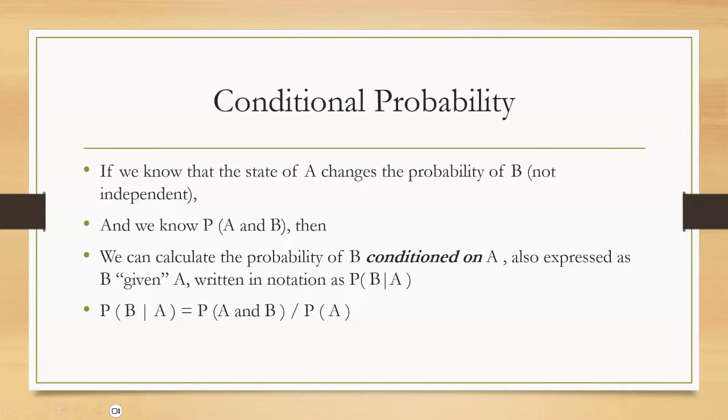If we know the state of A, by that I mean if we know what season of the year we're in, so now I tell you it's winter, and by definition, winter is from December to March, and in winter we get rain on average 6 days per month.